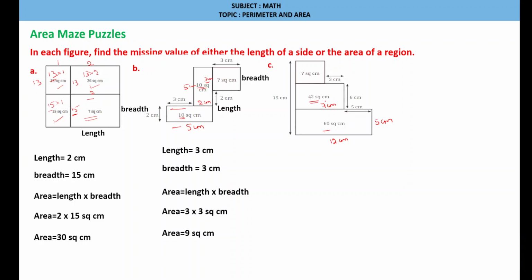Now, among this one, 5, we know this is 6. Total is 11. Therefore, 15 minus 11, this will become 4 centimeters. And the length here is this 3 centimeters, and this is 5 centimeters plus 7 centimeters, which is 12 centimeters.